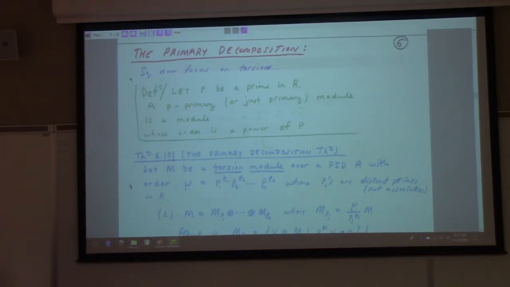At this point we can do some of this for modules that might not be finitely generated. Is this still talking about finitely generated? In the book it specifically said. Yeah, I know. In Dummit and Foote 12.1, he does mention that this primary decomposition theorem extends past finitely generated. I think it's theorem 8 or whatever. But, yeah. Huh.